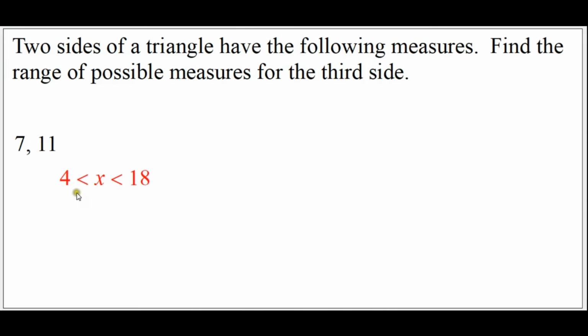Because 5, if we add 7 plus 5, that would be 12, and it is greater than 11. 4 is not allowed, since if we add 4 and 7, that would be 11. So again, by triangle inequality theorem, it should be greater than, and it should not be equal.